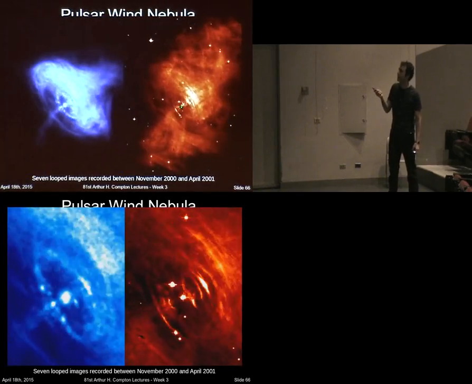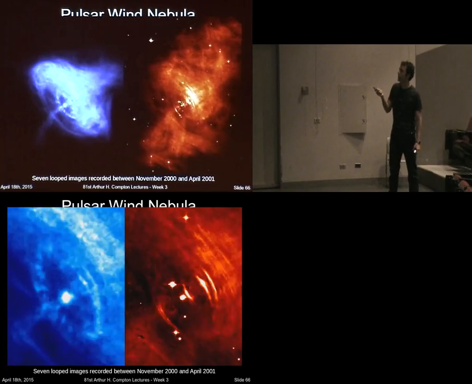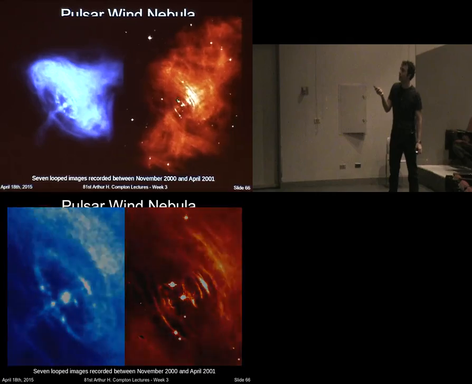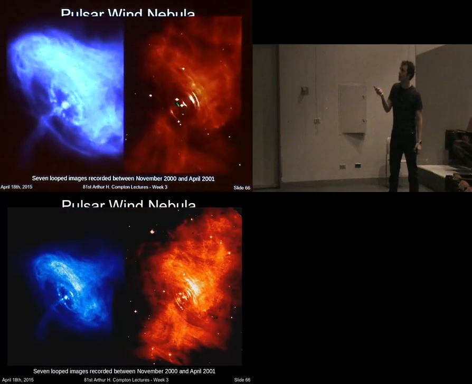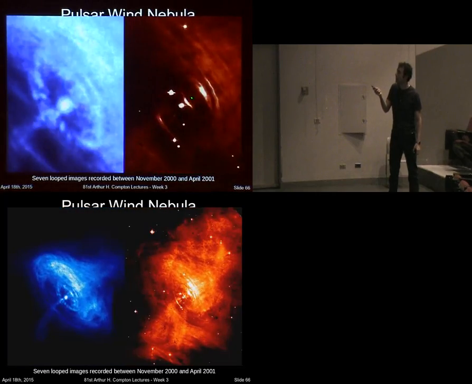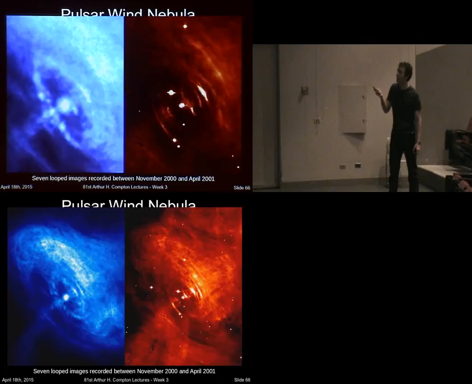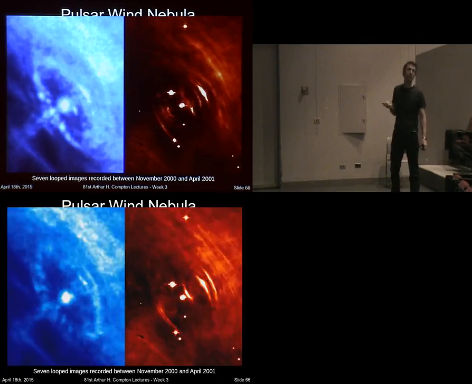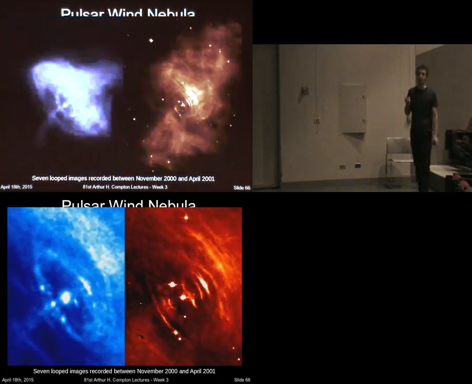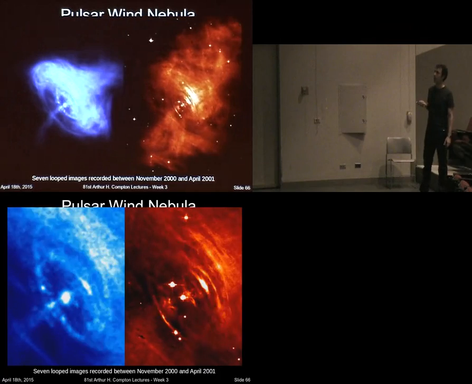These bright spots here are not actually related to the nebula. They are stars in the background. Where I'm pointing, we don't see any optical emission from the magnetosphere, whereas we see X-ray emission from the magnetosphere.